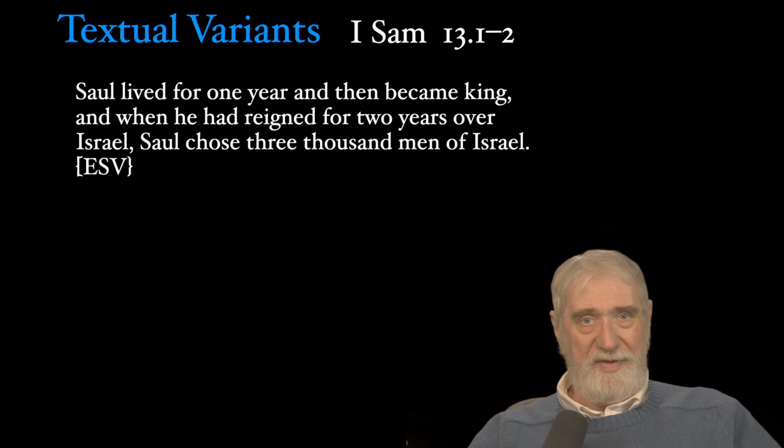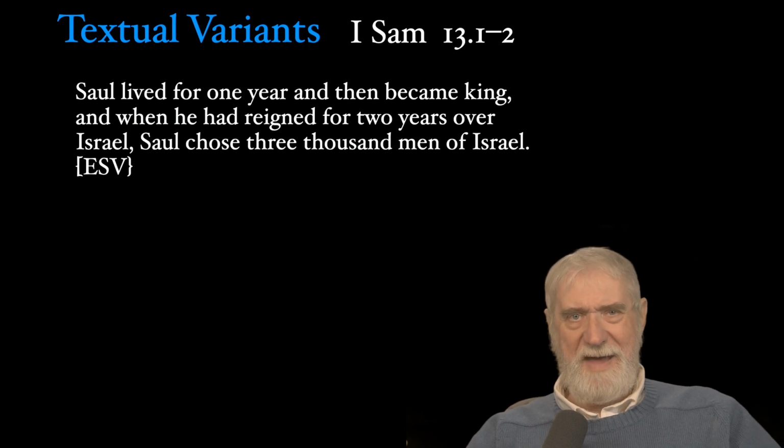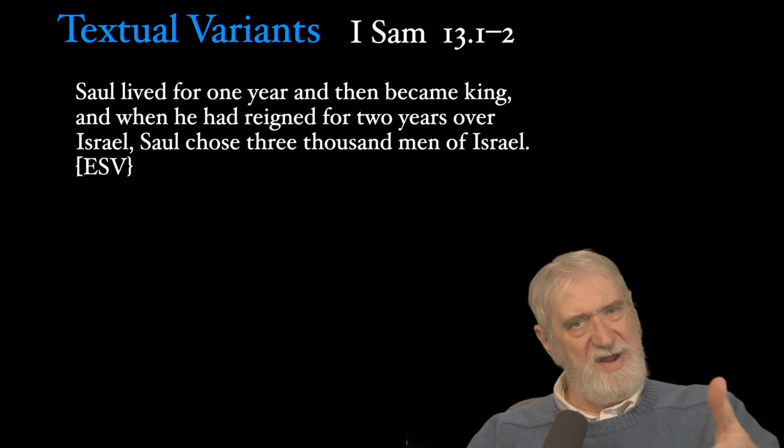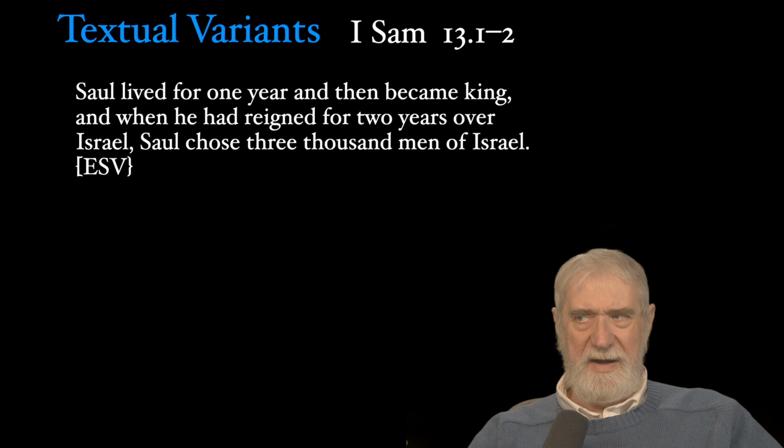Now, the problem with that, of course, is that the Bible elsewhere suggests that Saul reigned for a longer period of time, and the actual Hebrew here is a little more problematic. The ESV has tried to smooth it out a little bit and make sense of the text as it occurs in Hebrew.